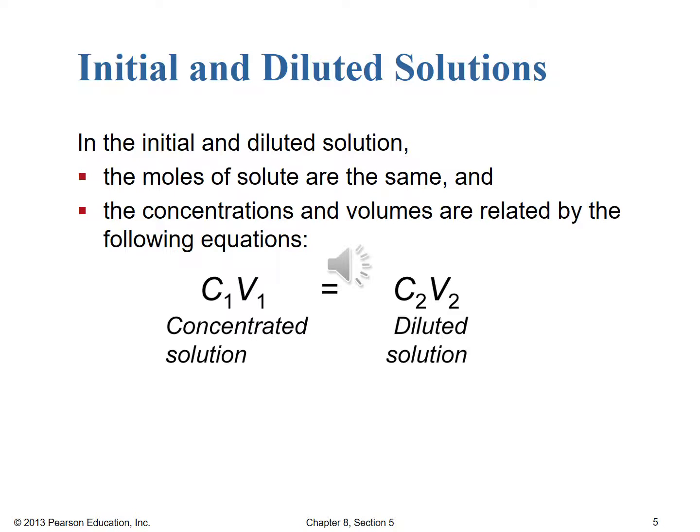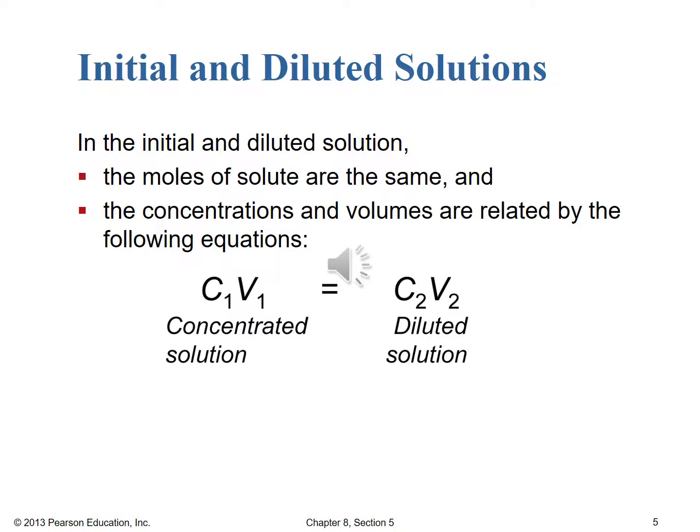So if the moles of solute are the same, then all we're really changing is the volume. We go from the more concentrated solution that has the higher molar concentration and the smaller volume, and then once we've diluted it to a larger volume, we can find the new diluted concentration.